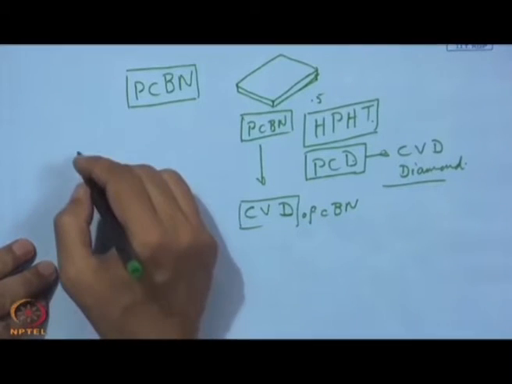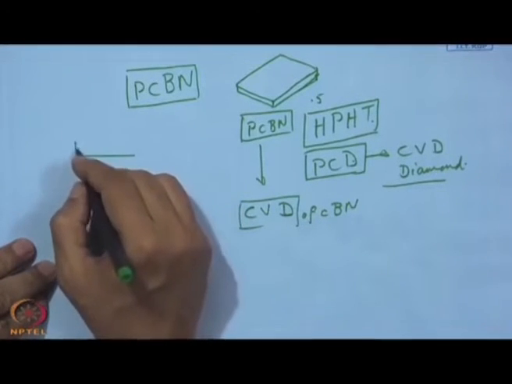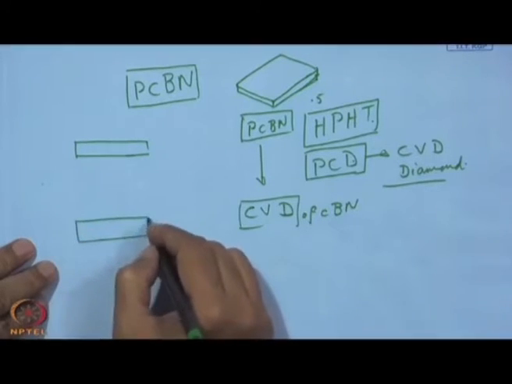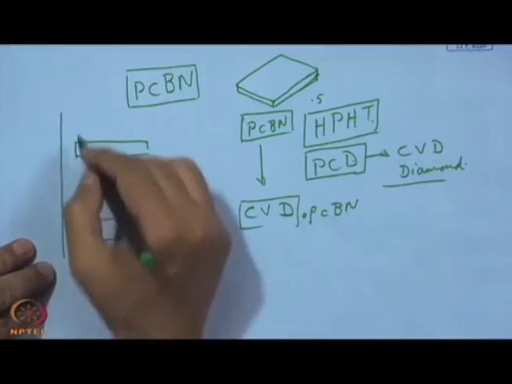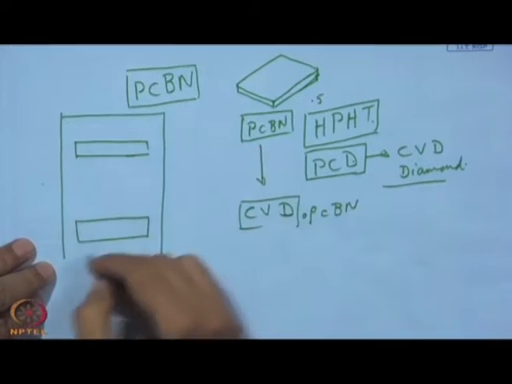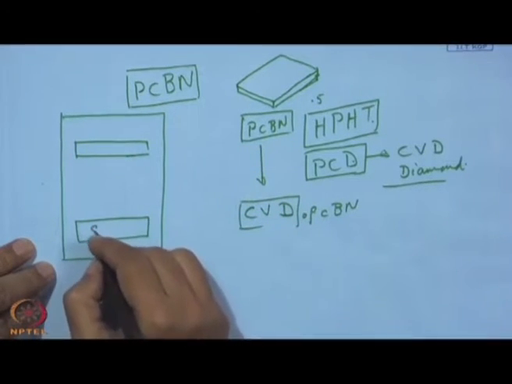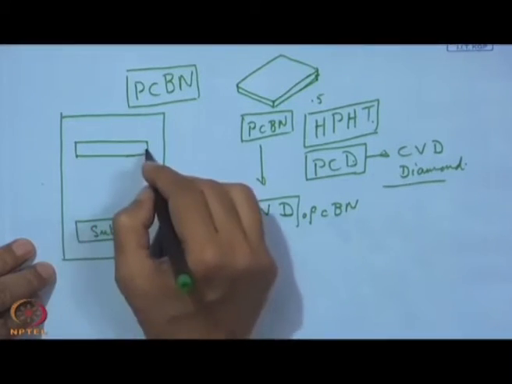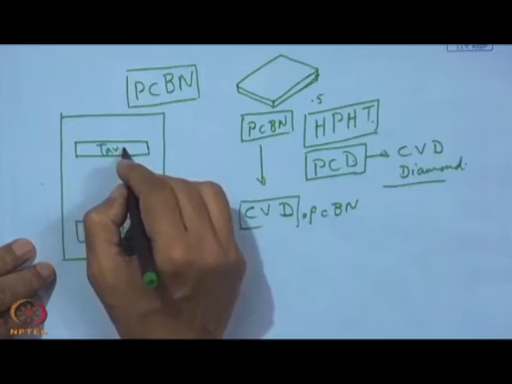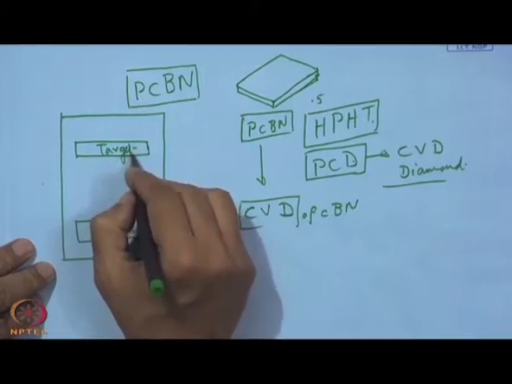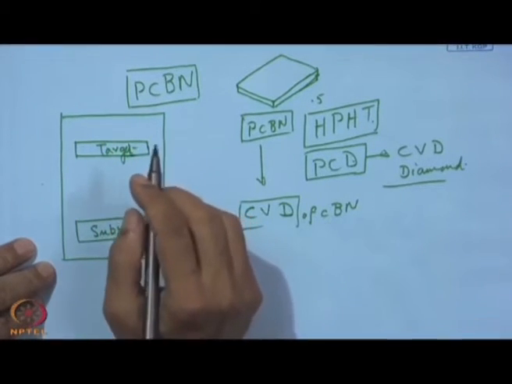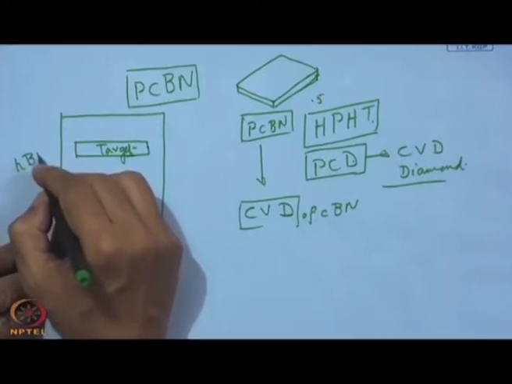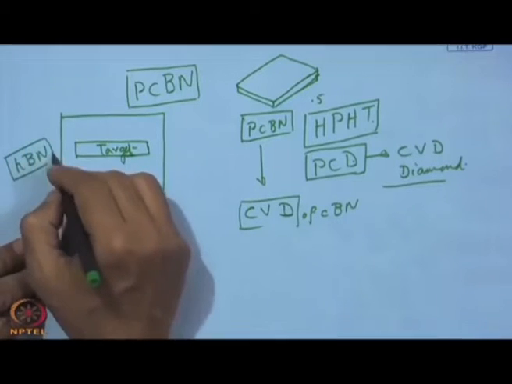So, here the whole idea is, if this is the target and there we have the substrate. So, this is the substrate, this is the target, and this target is actually made of HBN, hexagonal boron nitride.